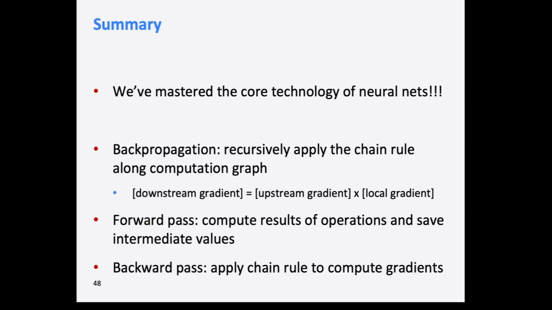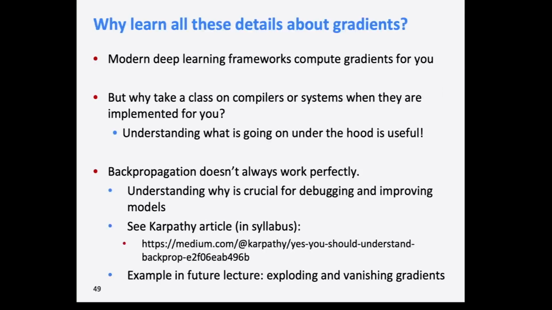Okay, so we've now mastered the core technology of neural nets. We basically know everything we need to know about neural nets, and I just summarized it there. Just to emphasize once more, I think some people think, why do we even need to learn all this stuff about gradients? And there's a sense in which you don't really, because these modern deep learning frameworks will compute all the gradients for you.